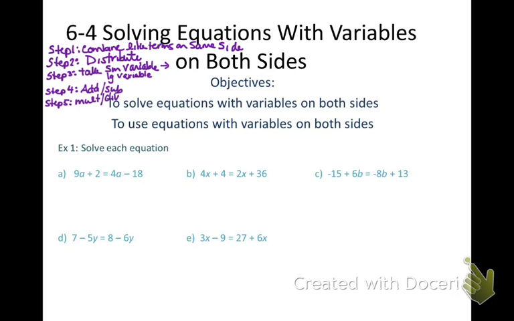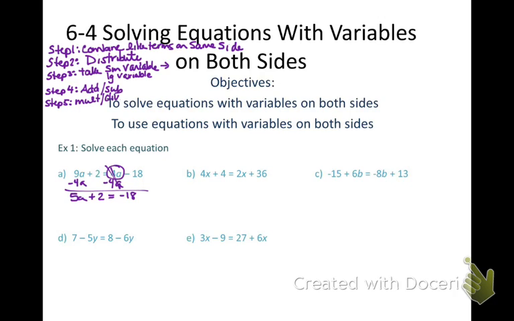So I'm going to take my 4a and I look at the sign in front of 4a, and that 4a has a hidden positive sign, so I'm going to subtract 4a from both sides. So 9a minus 4a is 5a, and then I bring down everything else that I have not used. Now I have a two-step equation.